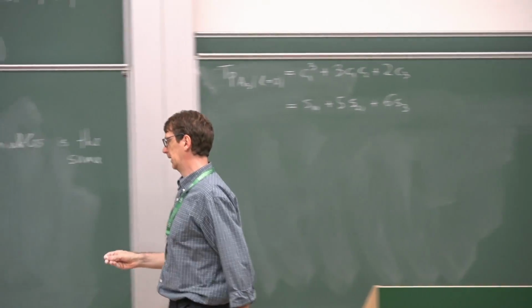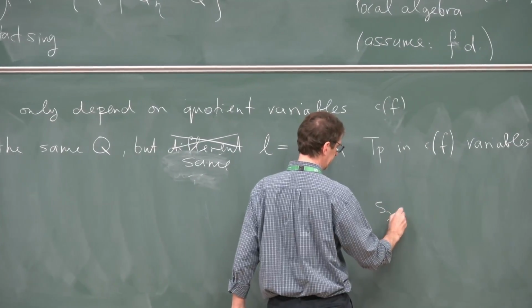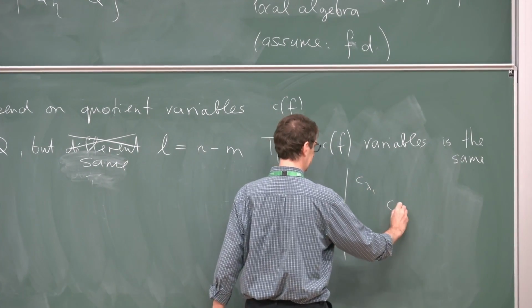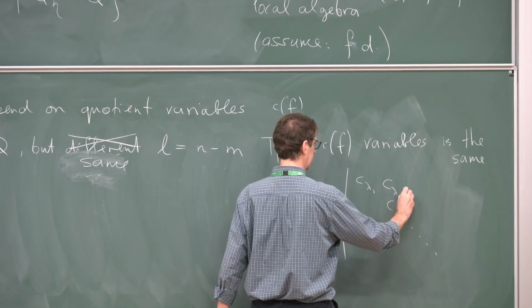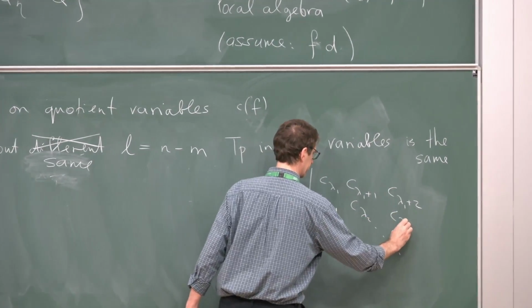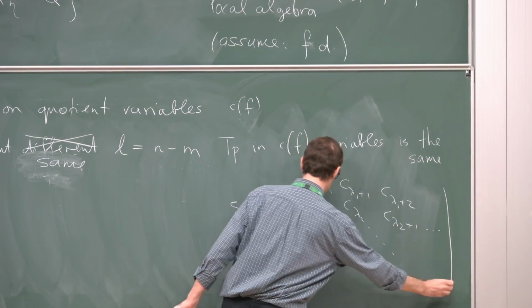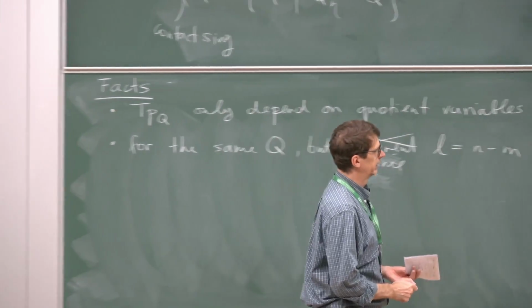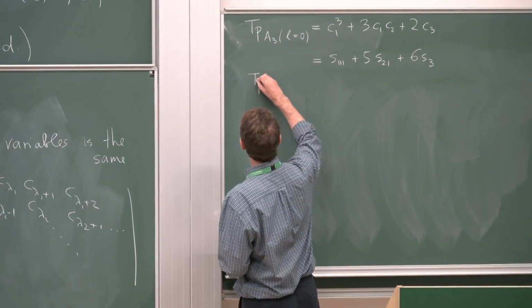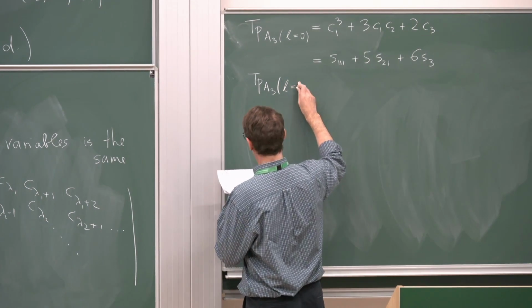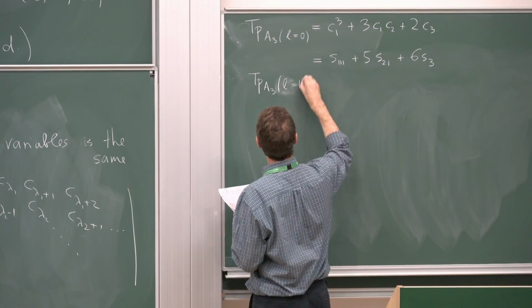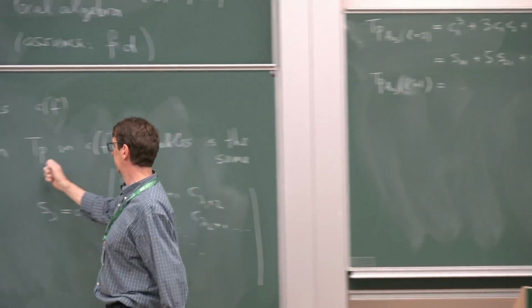So a Schur function s lambda is just a determinant. It's probably the opposite convention as usual. You take c lambda 1, c lambda 2, and here you add the rest of the entries in this determinant. It is just a convenient way of encoding symmetric functions in general. Now I'm going to write down the Thom polynomial of A3 with L equals 0 in that form.